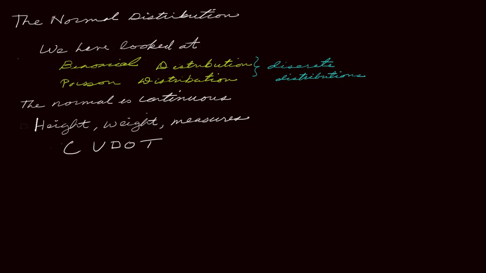When we're looking at a new data set, we need to do several things before we really know anything about the data set. The initials CVDOT remind us that we need to consider what is the center of our data. That's the C. How much variability is there in the data? The V stands for variability or variance.